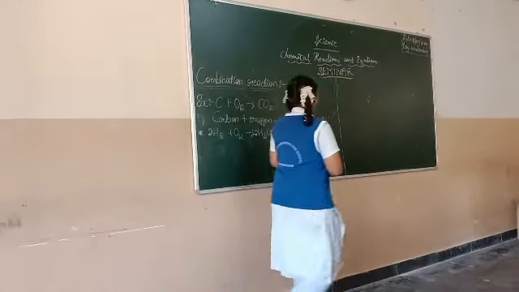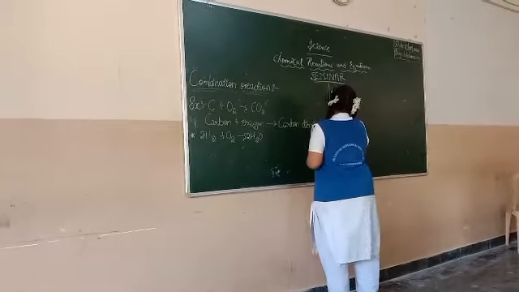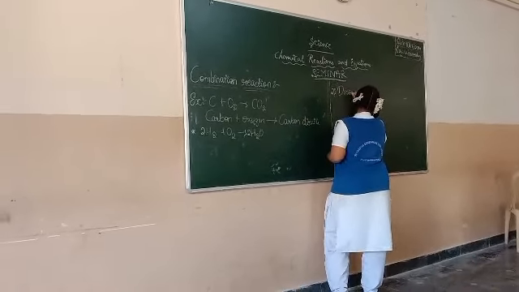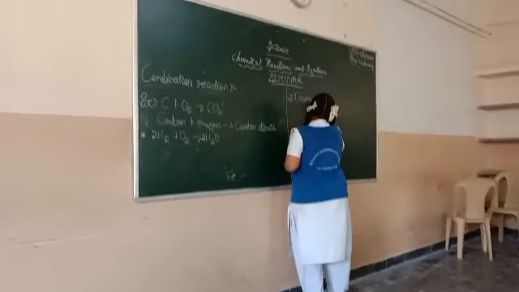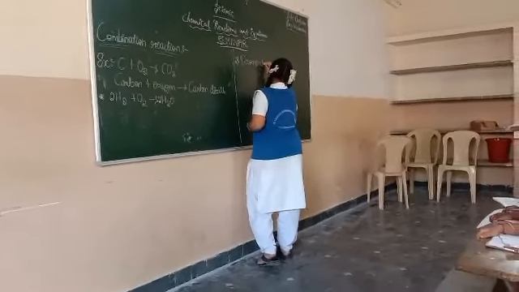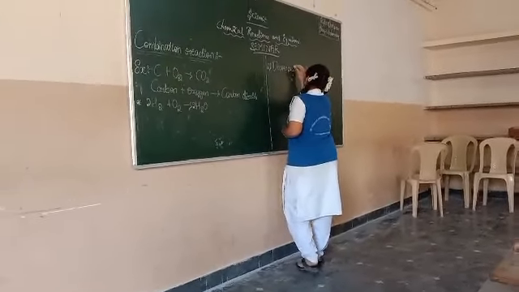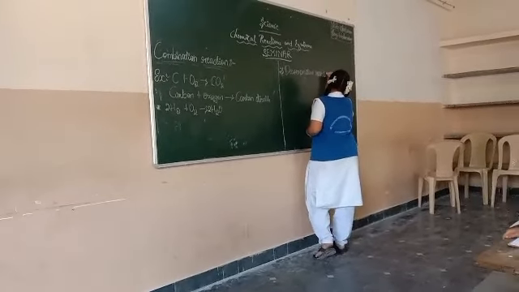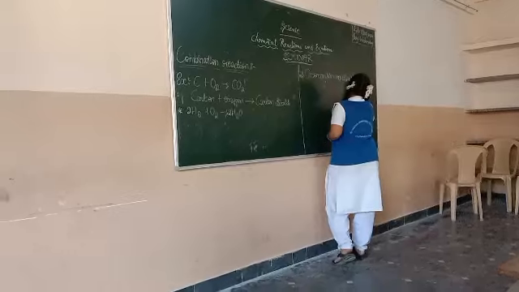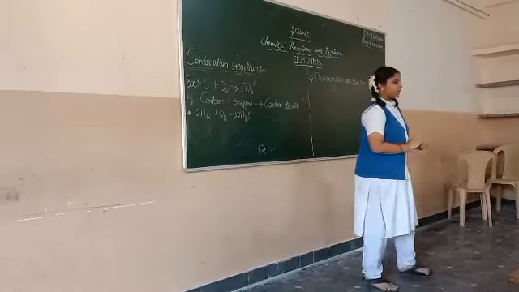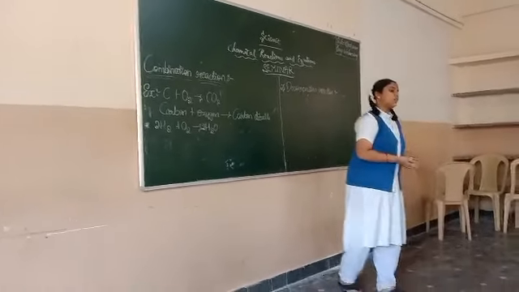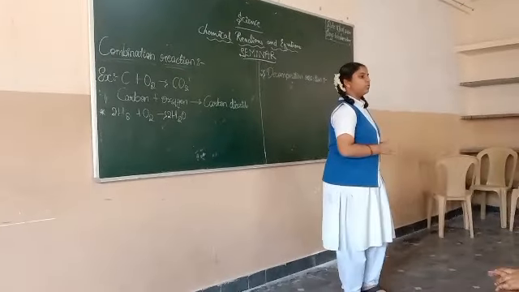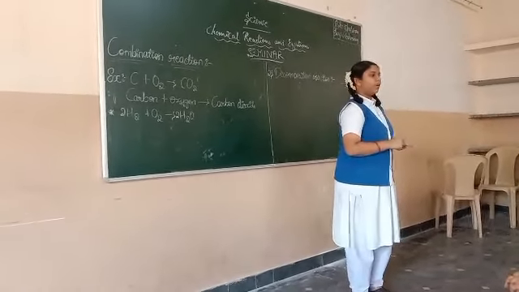The other type of chemical reaction is the decomposition reaction. The decomposition reaction is the opposite of the combination reaction. In this reaction, a single reactant splits down into two or more products.